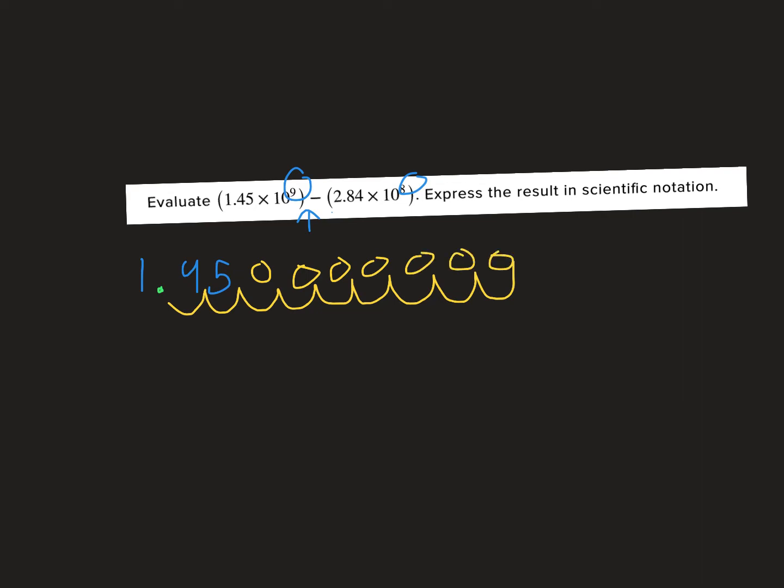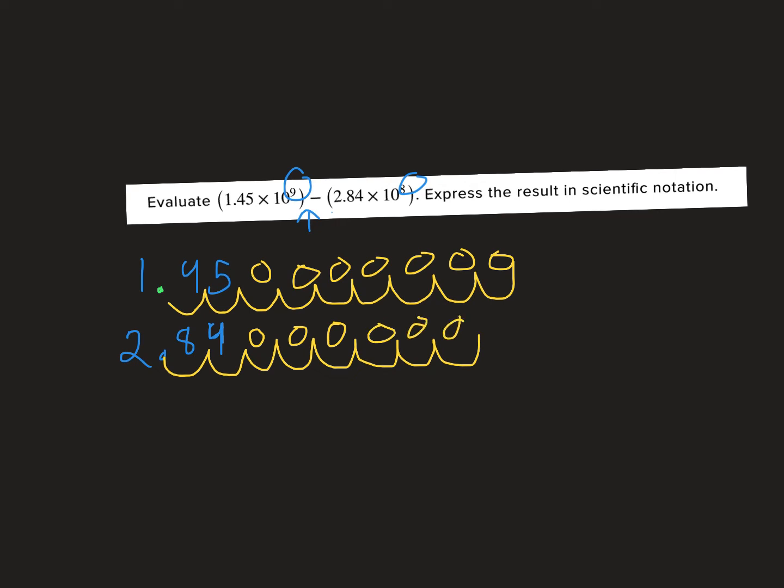Now, if I were to match up my decimals right now and go ahead and subtract that, 2.84, and this time I'm moving it over 8 times. 1, 2, 3, 4, 5, 6, 7, 8. Fill in my zeros.